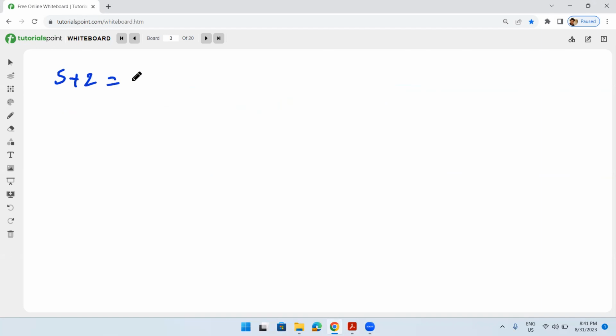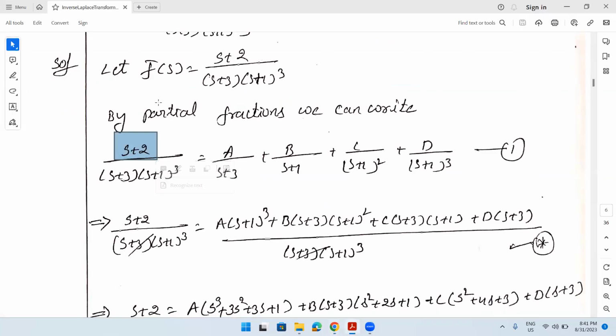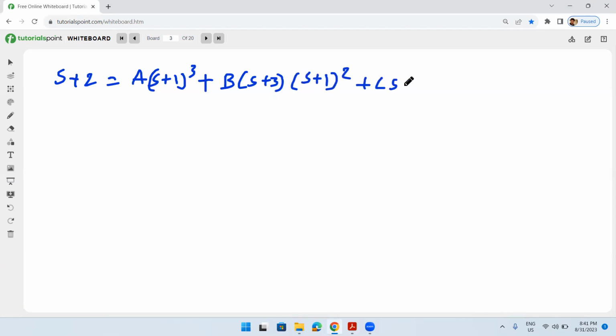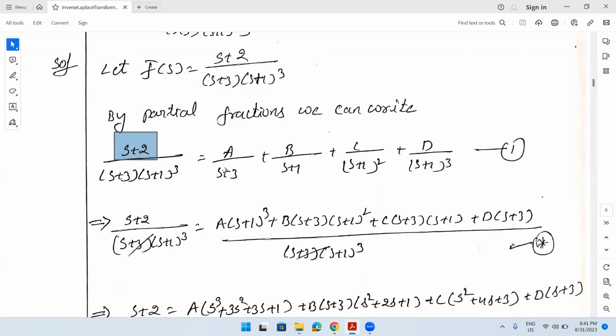So s plus 2 is equal to, on the right hand side, A into (s plus 1) whole cube plus B into (s plus 3) into (s plus 1) whole square plus C into (s plus 3) into (s plus 1) plus D into (s plus 3). As in the previous methods, I'll take a different method. I'm telling a very easy method.